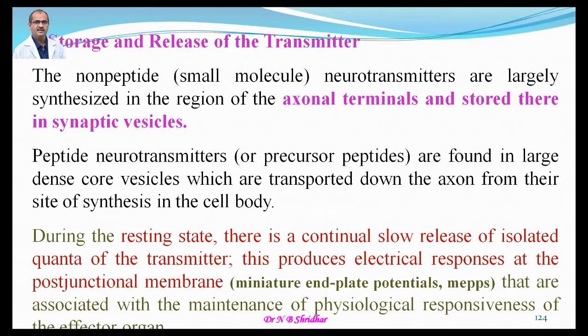This is called the miniature end plate potentials, or MEPPs. It means that during the resting phase, when the cell is neither contracting nor relaxing, there is still a continual slow release of the transmitter, producing electrical responses at the post-junctional membrane. This is not enough to cause an action potential or overshoot, but it keeps the post-synaptic receptors always active to face any situation. That is why it is called the miniature end plate potentials, or MEPPs.